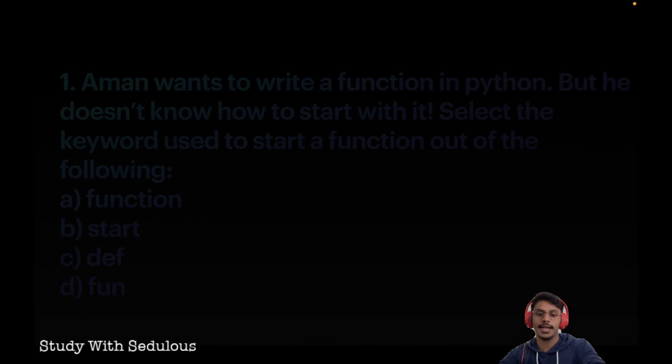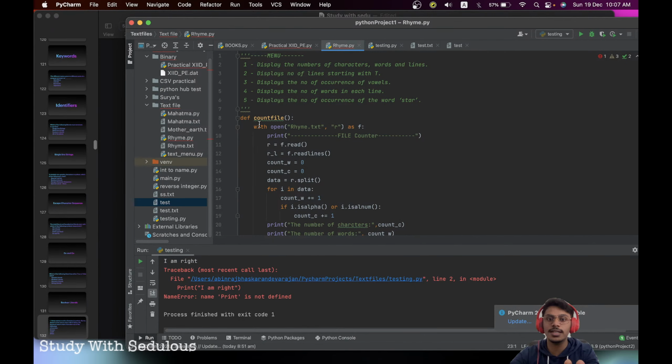I will show you. I won't tell you, I'll just show you. This is a function that we have defined. It's a count function. It'll just count the number of vowels or alphanumerals, but just leave that.